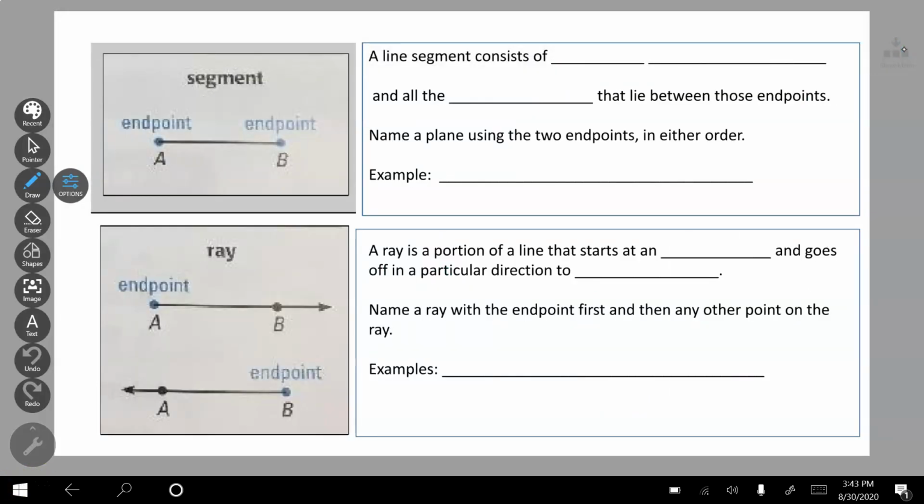Okay, more notation, more vocabulary. We're going to talk about things called line segments. A line segment consists of 2 endpoints. A little bit different. A line does not have endpoints. It has points on it, but they don't end. They go on forever. So a line segment has 2 endpoints and all the points in between.